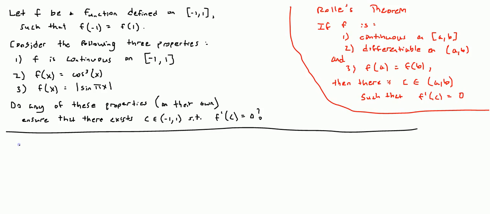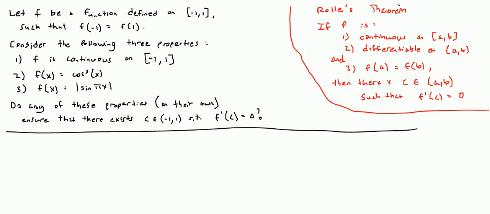And they want to know if any of these properties on their own ensure that there exists c in the open interval (-1, 1), such that f prime of c is equal to 0. If you know about Rolle's theorem, you would know that this question is essentially asking if any of these properties give you enough information to confirm Rolle's theorem.